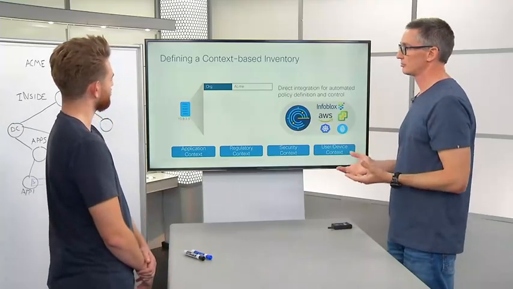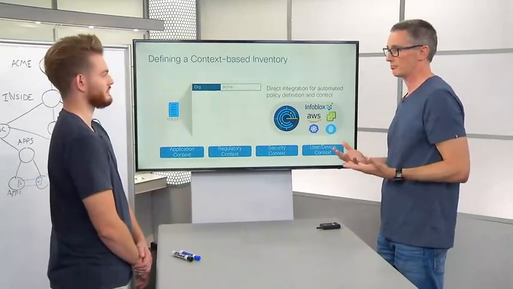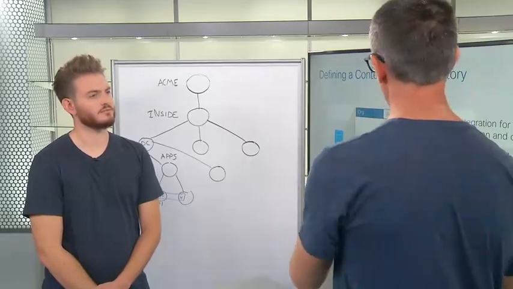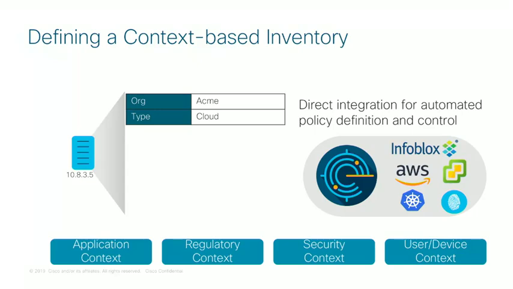So we know that we've got our internal address space. Some of you will have a record of that. We can pretty easily define that that's part of our responsibility. So we can tag anything within that subnet or those subnets with a tag that's our organisation name. We can then go to the next layer down. What of our entities exist in data centres or clouds or in campus or wherever they might be?